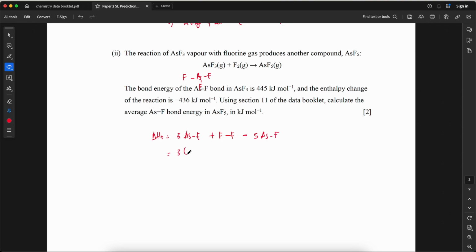So 3 times 445 plus F-F, which you can check in the data booklet section 11, is 159, minus 5 As-F. This number is negative 436. So negative 436 equals 1494 minus 5 As-F. So As-F would be 1930 divided by 5, which is 386 kilojoules per mole.